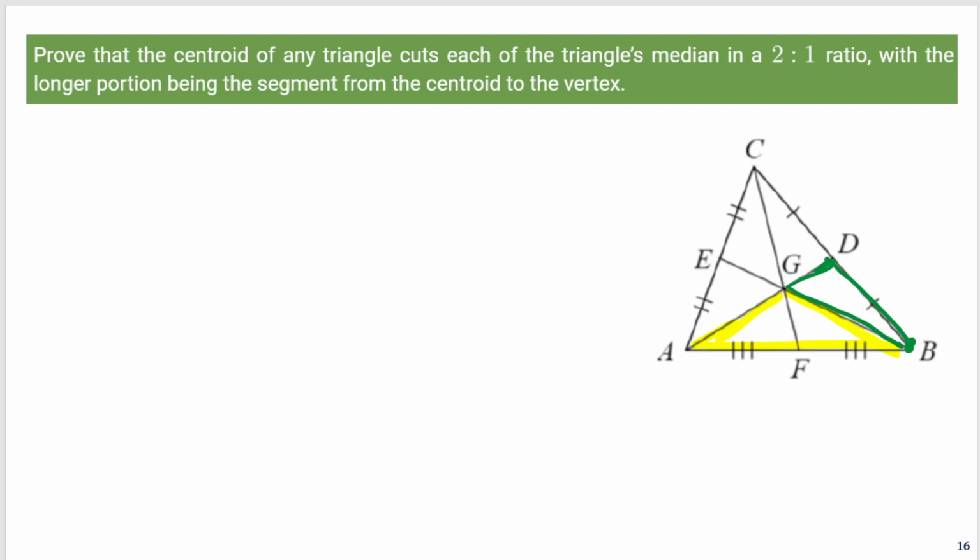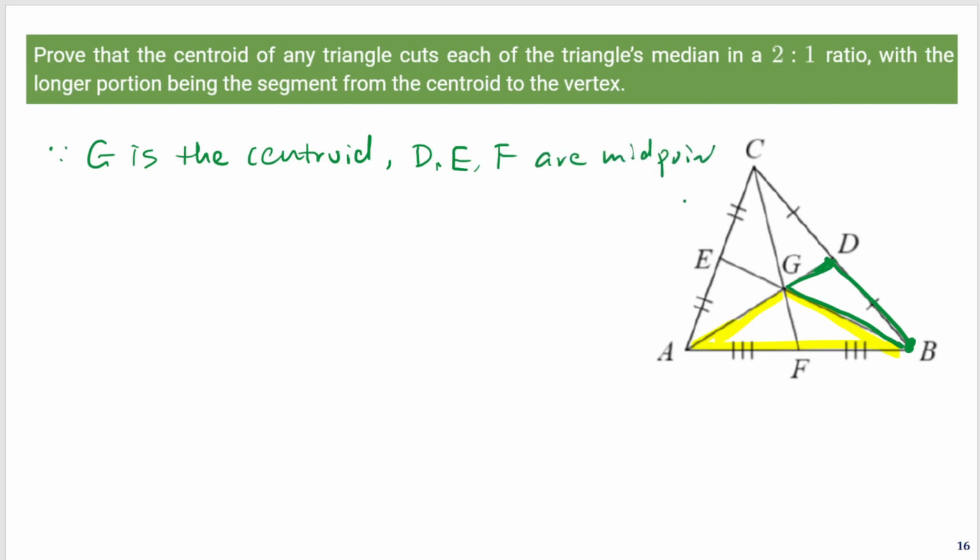So we could say, because G is the centroid and D, E, F are midpoints, according to the previous property, we know the area of AGB should equal, because these are two small triangles, right?